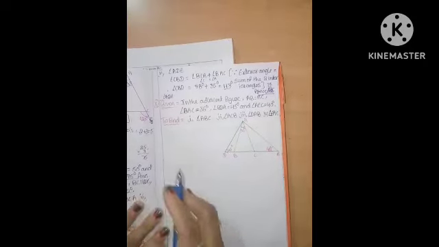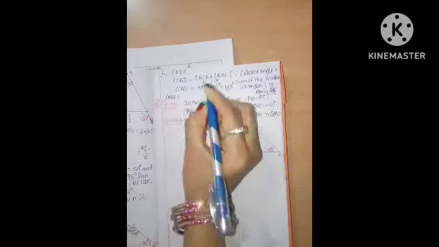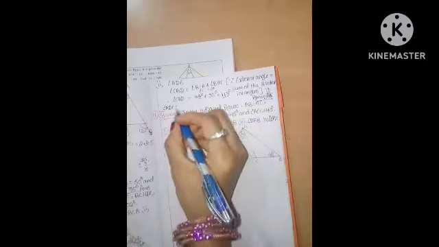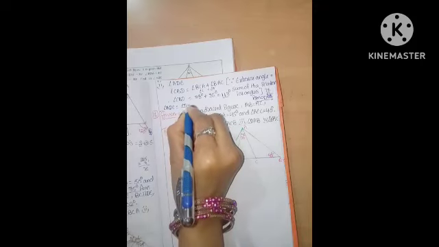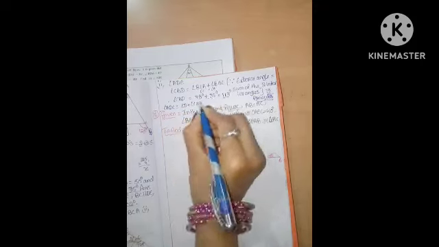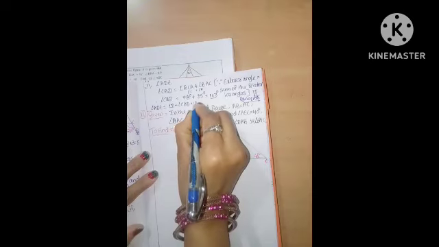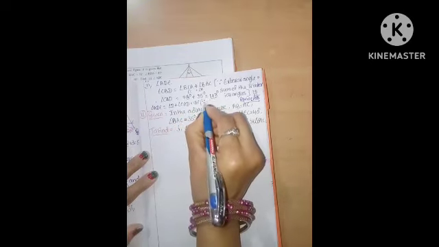So angle D plus angle CBD equals 180 degrees. What property are we using here?